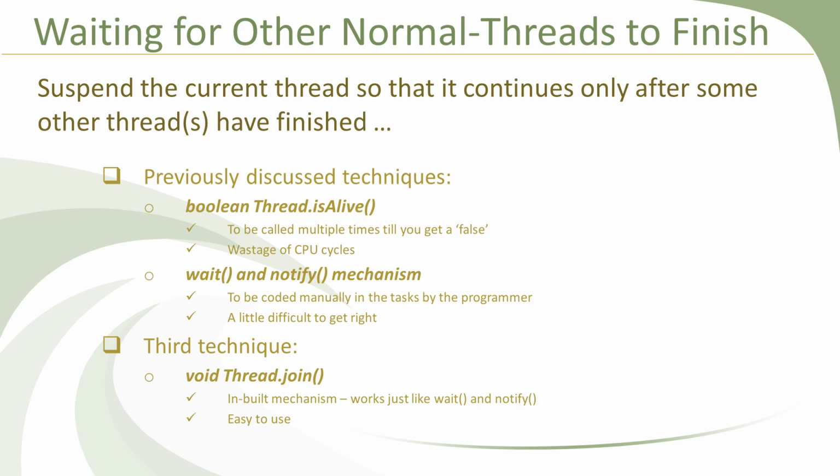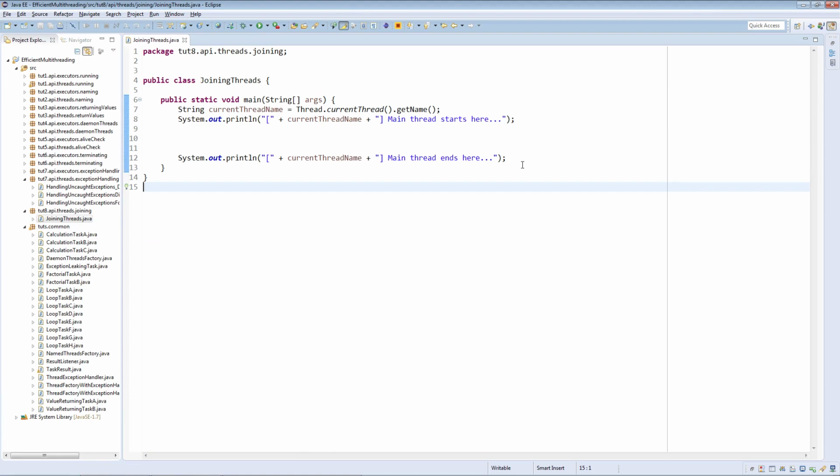The call to join may be aborted by interrupting the calling thread. So, a try-catch clause is required around the call to join. Let us see this mechanism in action. We are going to create 4 threads and start them.